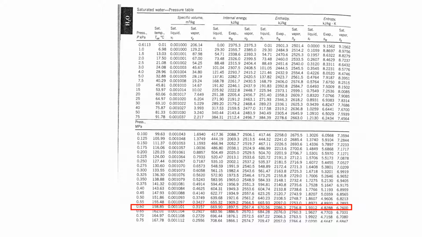Now we check again if our internal energy falls between the internal energy of the saturated liquid point and the saturated vapor point. And we realize that actually our internal energy is greater than that of the saturated vapor point. So if you remember the PV diagram, which again acts the same way as a Pu diagram, we can notice that if you fall on the right hand side of the saturated vapor line, you are actually in the superheated vapor region.